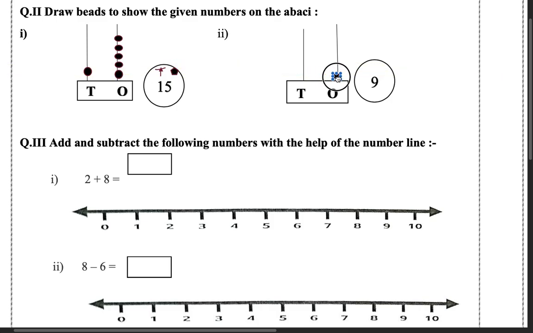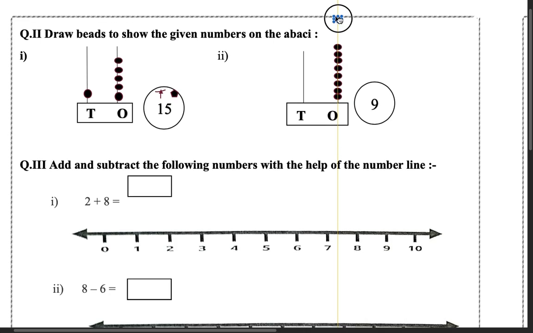So we have to put 9 beads over ones. 1, 2, 3, 4, 5, 6, 7, 8, and the last one is number 9.